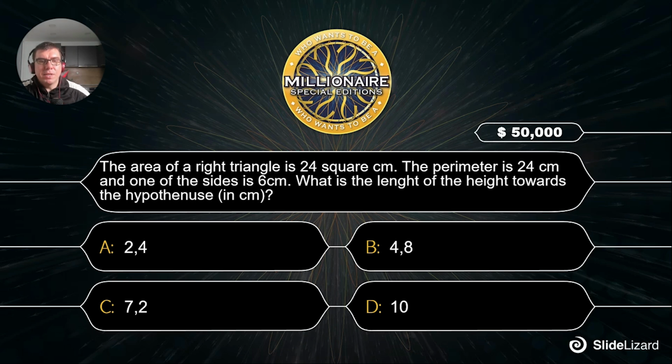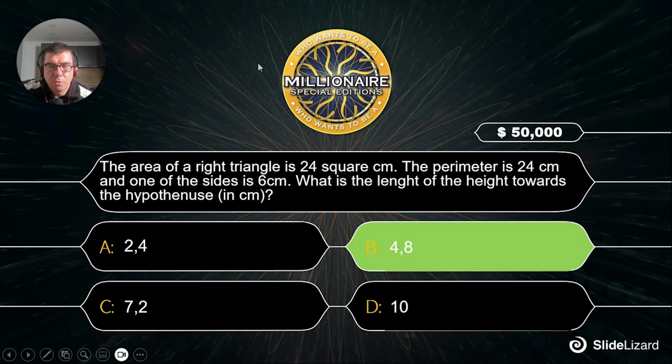What is the length of the height towards the hypotenuse? Think about it, 5 seconds, and give me the answer. Did you find B? 4.8? This is correct.